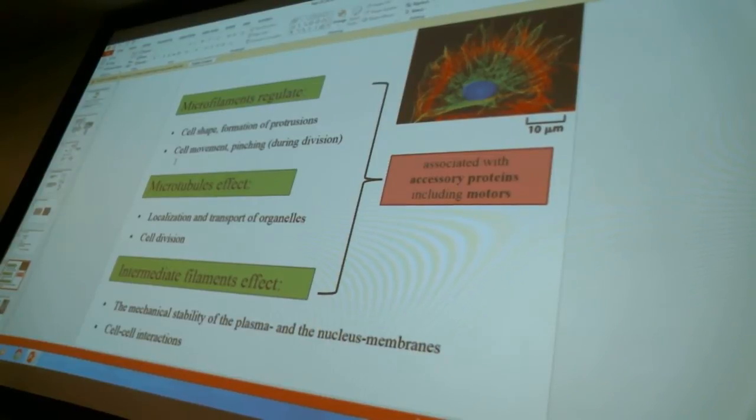They are responsible for forming various cell protrusions like filopodium, lamellopodium, and this usually happens during cell crawling. There's also formation of microvilli, which are more permanent structures on some types of the cells, such as epithelial cells. Also, a very important role of these filaments during the cell division, during the contractile ring formation and pinching during final stages of division.